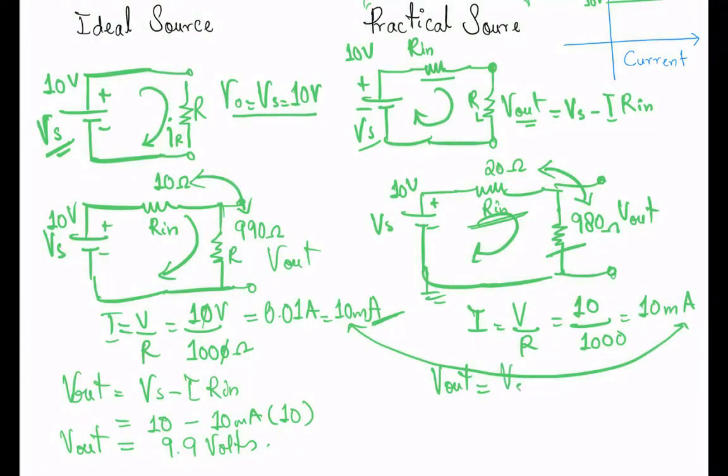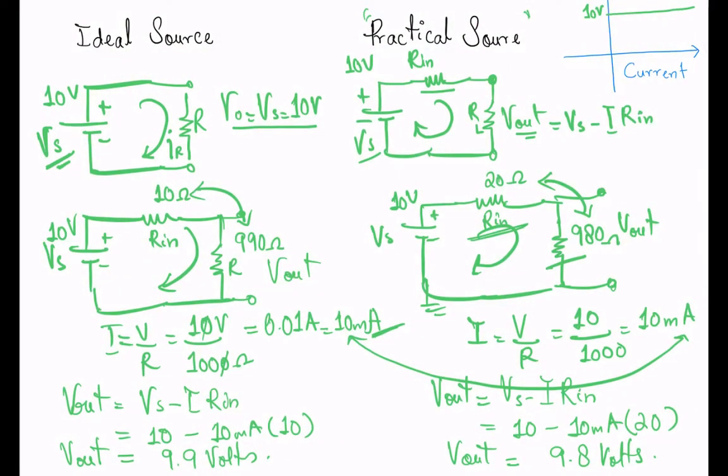So Vs minus I times Rin. Again, we have this equation, Vs being 10, current being 10 milliamps, and input resistance now 20 ohms. If I do the math, I get V out equals 9.8 volts. Now notice what has happened.